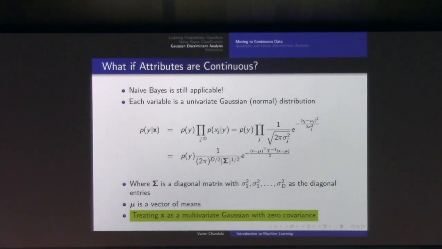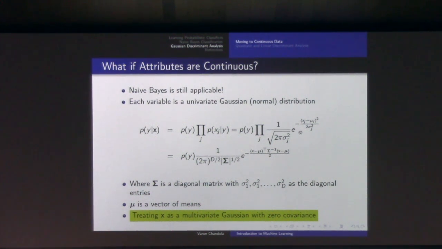This comes from the naive Bayes assumption, right? We are assuming that each component in x is independent of each other given their class label, which means that you can factorize it like this, and then each one of them can be modeled as a Gaussian distribution, right? So then you can write it like this.